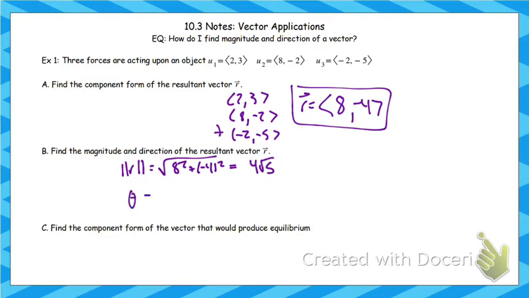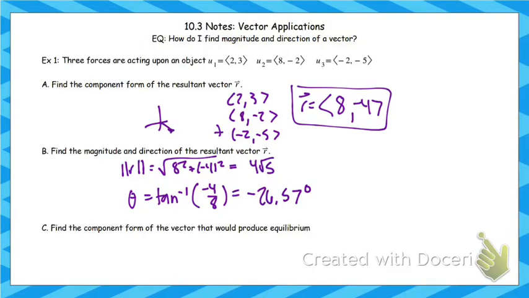The direction is tan inverse of y divided by x. So y is negative 4 over 8, which is not on the unit circle because it's tangent, so we'll use a calculator. I'm going to get negative 26.57 degrees. So that is my magnitude and direction. We don't need to add 180 because the x is positive; 8, negative 4 would be over here in the fourth quadrant.